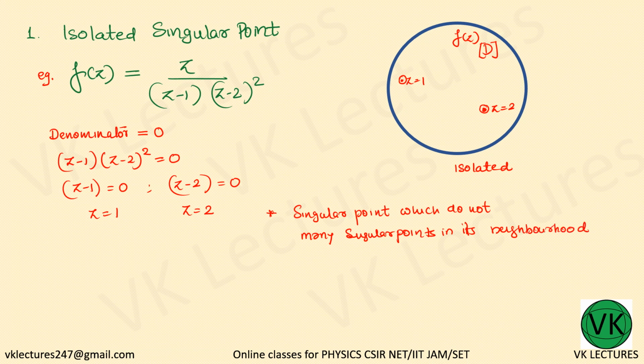Okay, in the vicinity of z equal to 1 and z equal to 2, they do not have many singular points. So they are called isolated singular points.